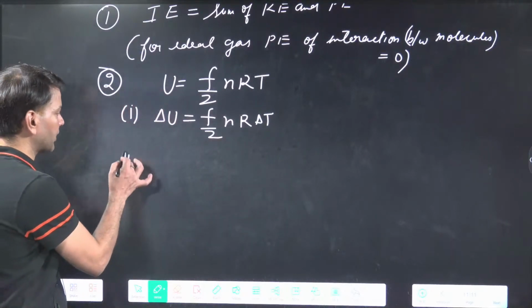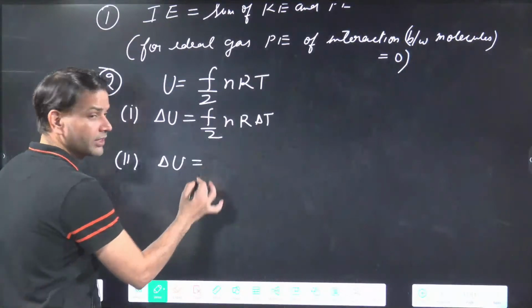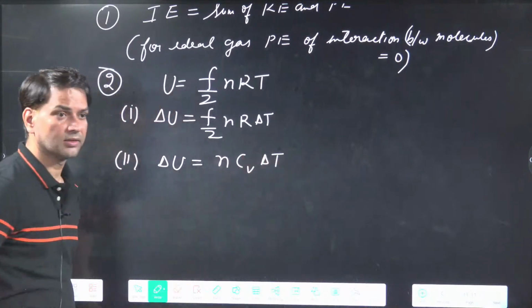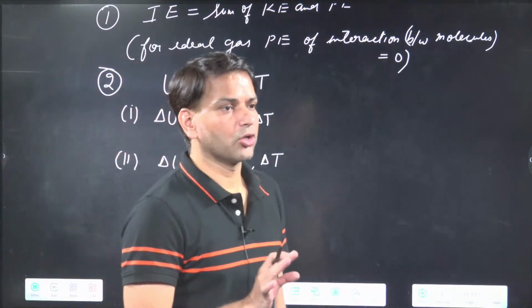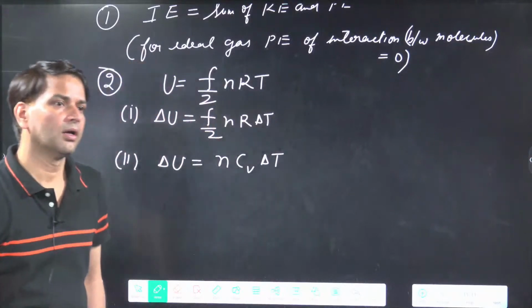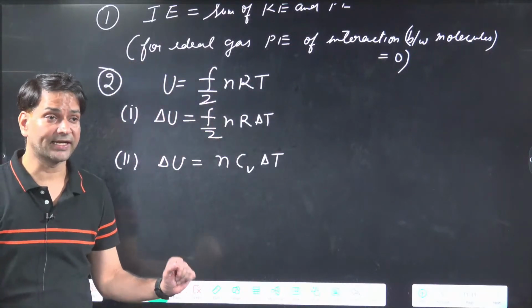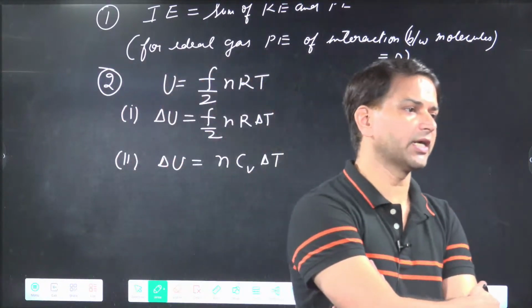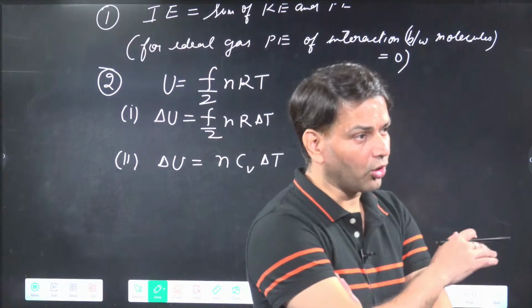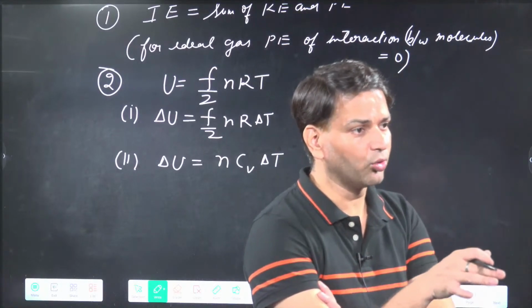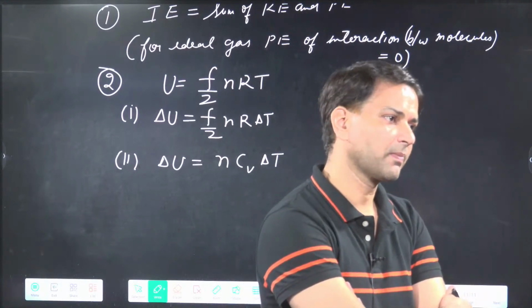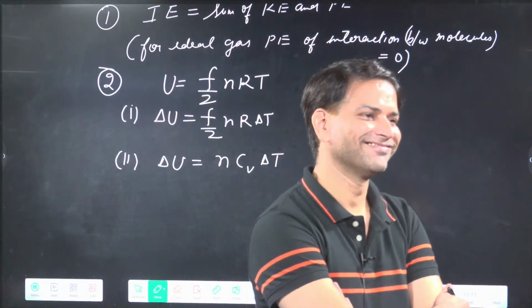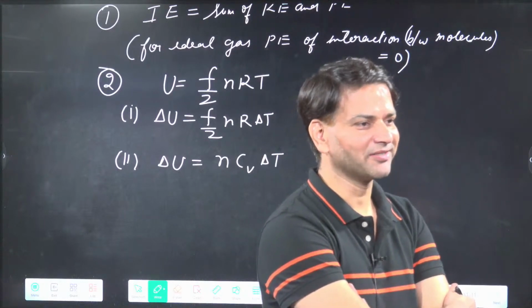So another formula of the delta U, I can say nCv delta T. Okay. Yes or no? So if I am saying delta U is equal to nCv delta T, is it applicable for all process or only for constant volume process? That I expect.